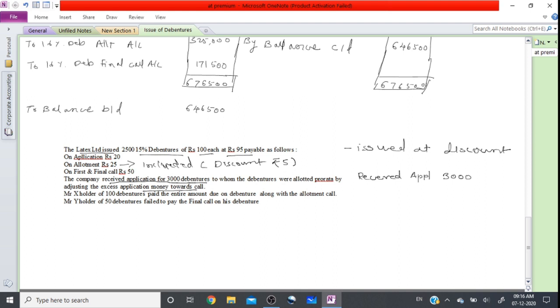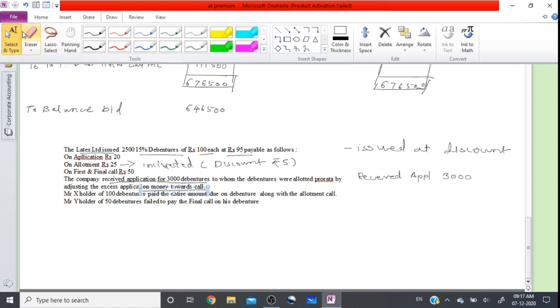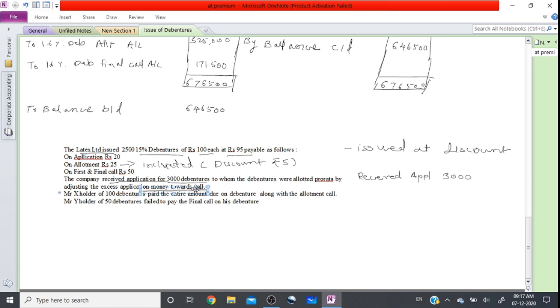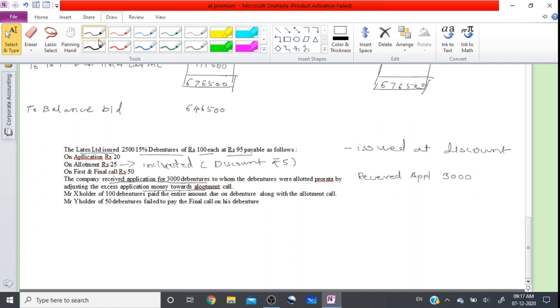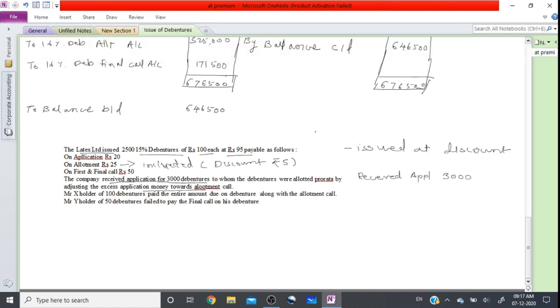So whatever excess application money is there, that is adjusted towards allotment call.